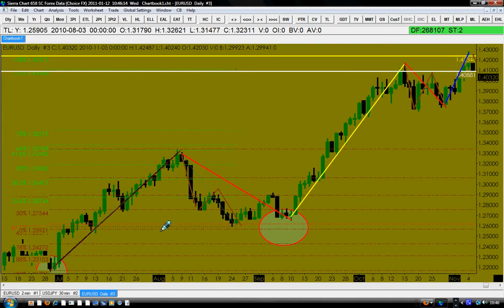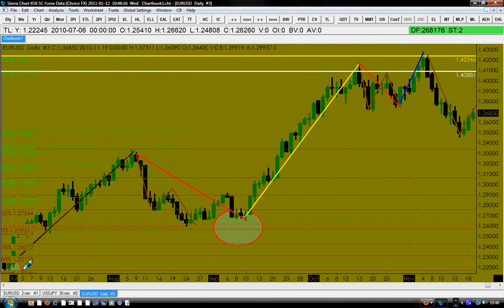So this uptrend that began in July, where I'm moving my cursor here, all the way to November 2010, the market is considered overbought at the end of the 5th Elliott wave. If the market accepts that level as overbought, the ABC corrective move must be given, and it is a contra trend to the trend: because we have an uptrend, the ABC corrective move will be a downtrend.